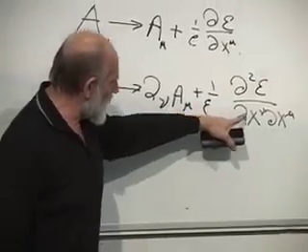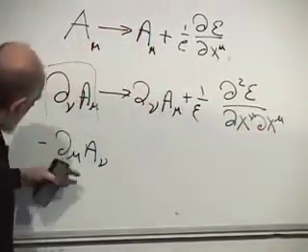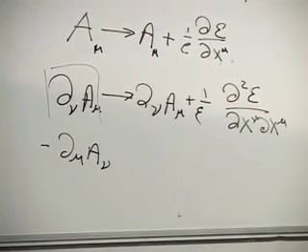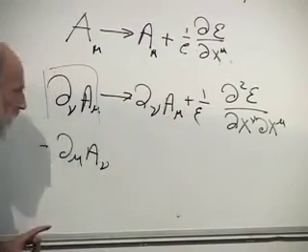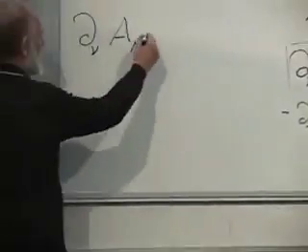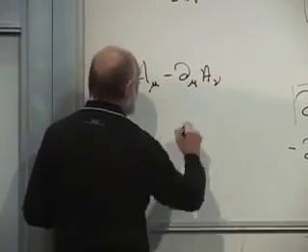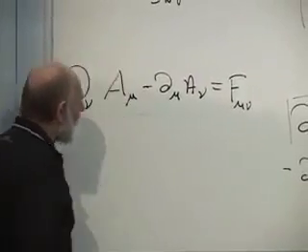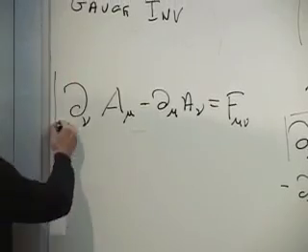Why? Because this term is symmetric when I interchange mu and nu. And so when I subtract the same object with the opposite ordering of mu and nu, this term will cancel. And the result is that this object, d nu A mu minus d mu A nu, which is called F mu nu, is gauge invariant. It will not change when you do a gauge transformation.